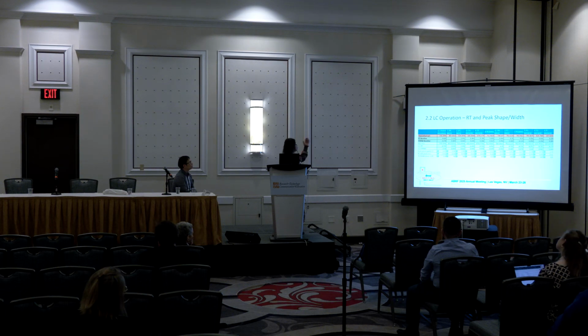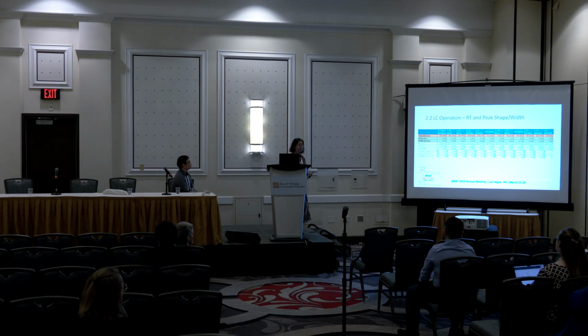Compared with the baseline, the mass errors have to be less than 3 ppm, the retention time difference has to be less than 0.2 minutes, and the percentage of FWHM has to be less than 125%. When you look at the tables, everything passed. So this tells me my mass spectrometry, my LC, my column, they all perform really well.